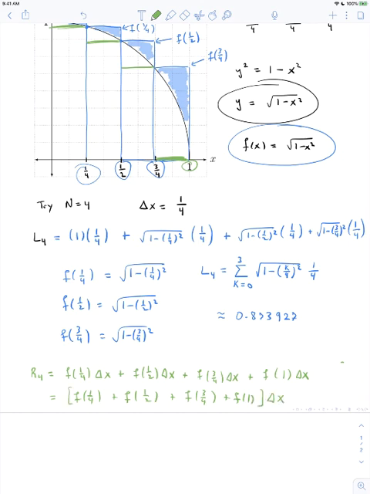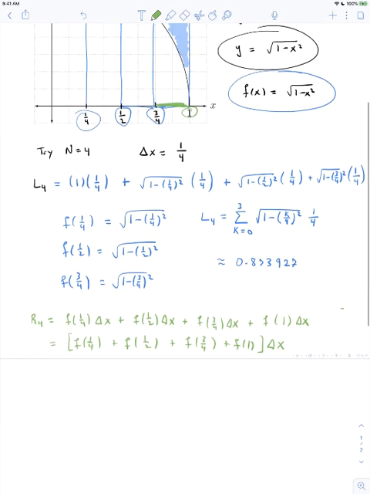Well, we can actually compute these things. So the first one is the square root of 1 minus 1/4 squared, plus the square root of 1 minus 1/2 squared, plus the square root of 1 minus 3/4 squared, plus, and this next one is 1 minus 1 squared, so that's going to be 0.